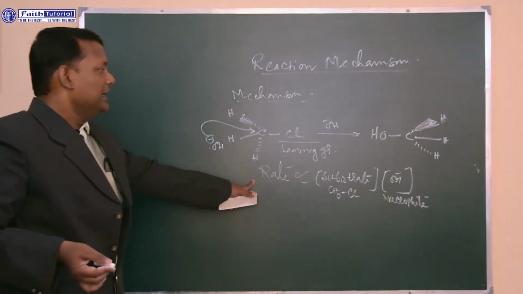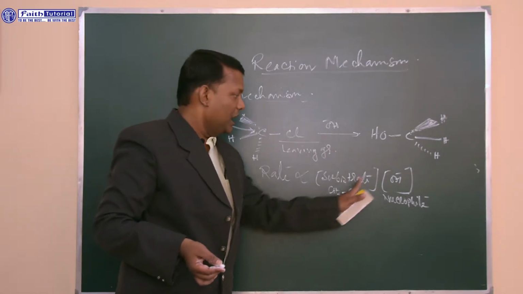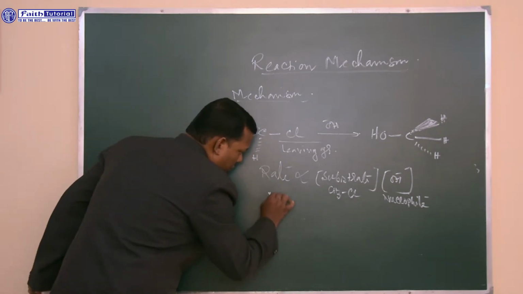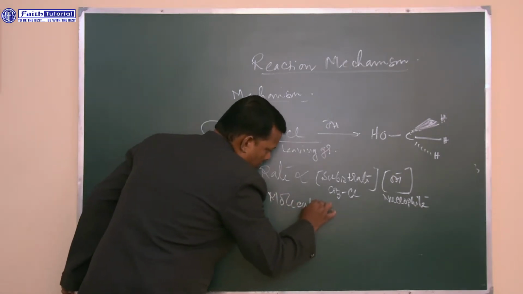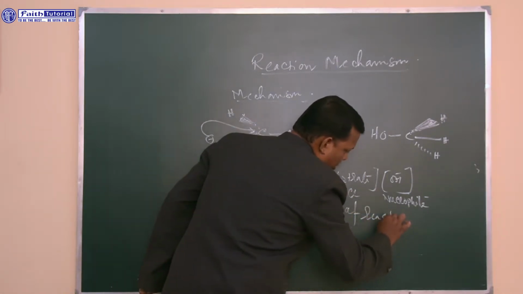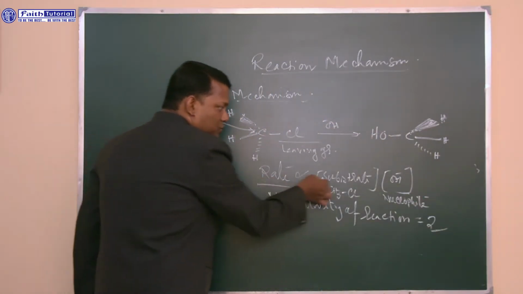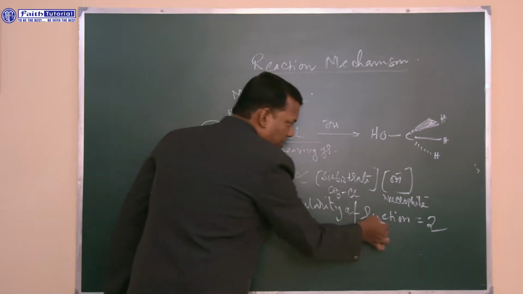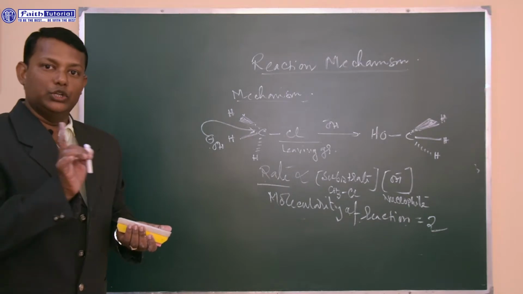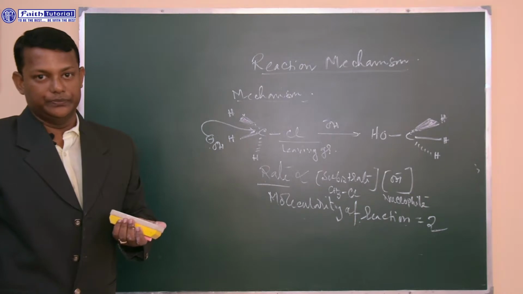As the rate is directly proportional to two concentrations, that is, the concentration of substrate and the concentration of nucleophile, the molecularity of the reaction is 2. That is why this type of reaction is called SN2, substitution nucleophilic, bimolecular or second order.